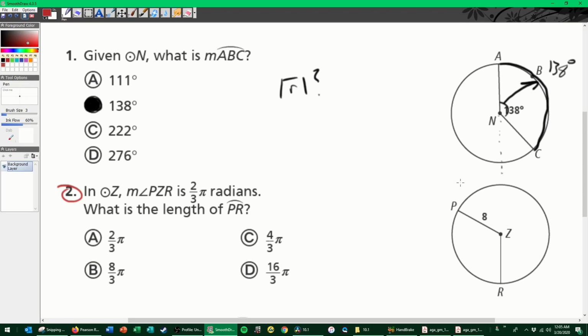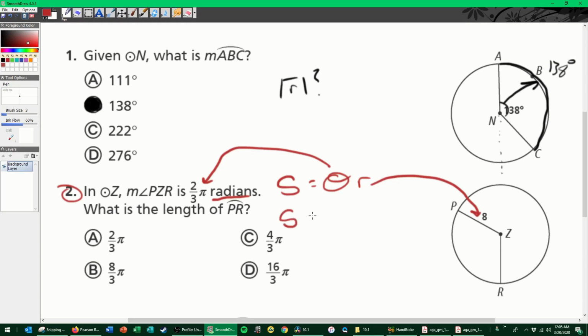This is where what we were talking about before with the part over the whole and all that is much more relevant to our question. But here, it wants your answer in radians. Now, if you remember, your arc length is equal to theta times r, where here r is 8 and theta is 2/3 pi. So my arc length is 2/3 pi times 8.